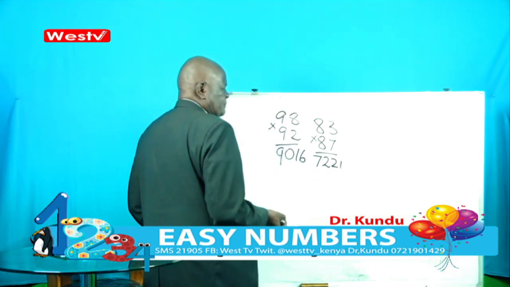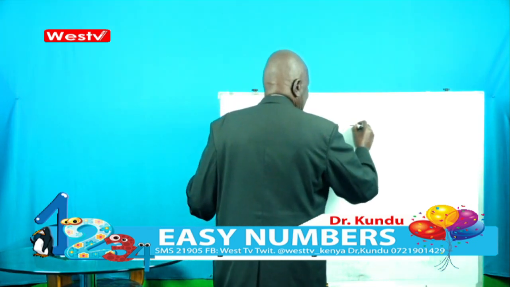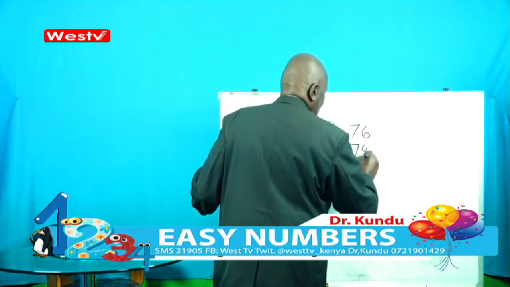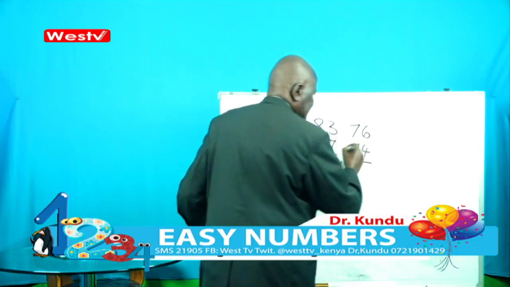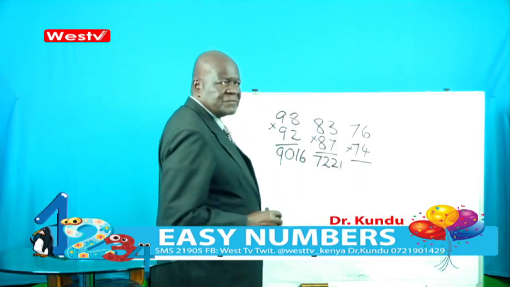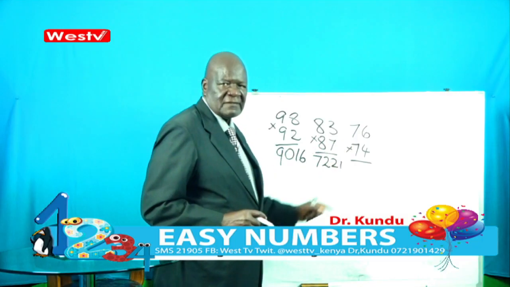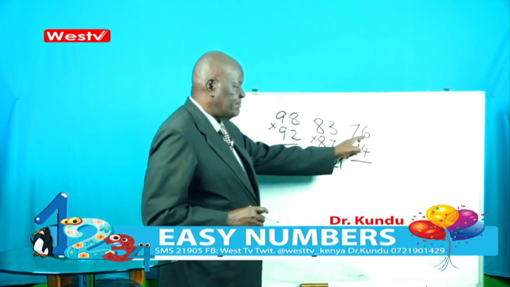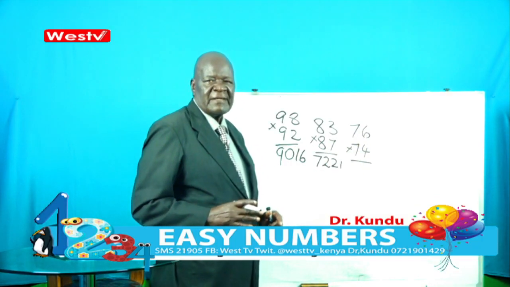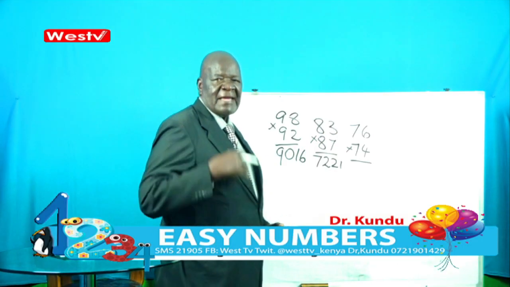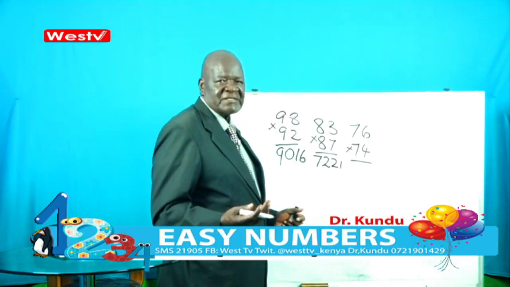Last example, if you have 76 to multiply by 74, when you look at these numbers here, then you see the left is the same, 7, 7, and the right are such numbers that add to 10. Simply multiply the tens digit, which is 7, by its next number, which is 8.